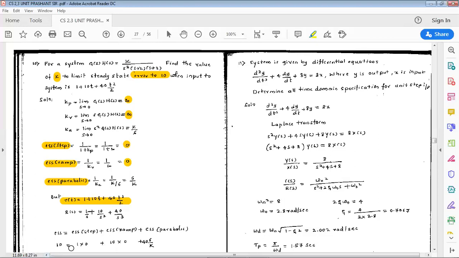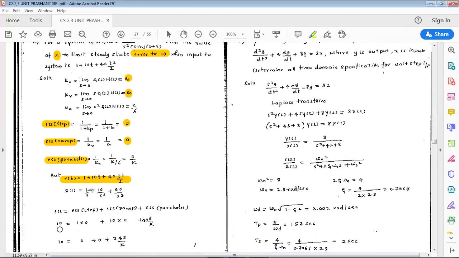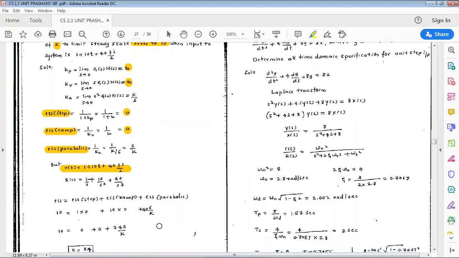10 is equal to 1 into, what is the value of steady state error due to step? 0. 1 into 0 plus 10 into steady state error due to ramp is given as 0 again, plus 40 as it is. Steady state error due to parabolic is what? 6 by K. So therefore, you substitute these values, 10 is equal to 240 by K. So therefore, K will be 240 by 10.